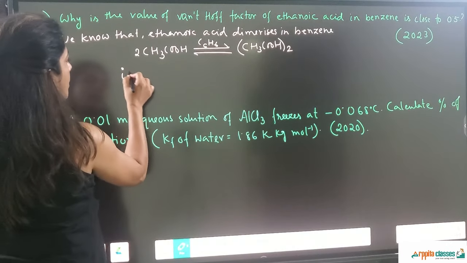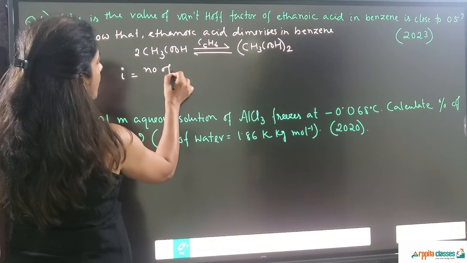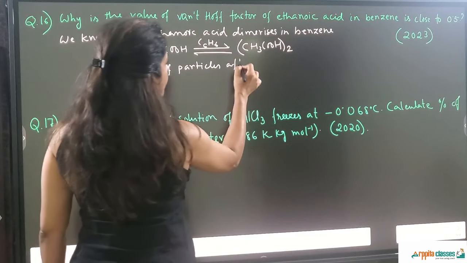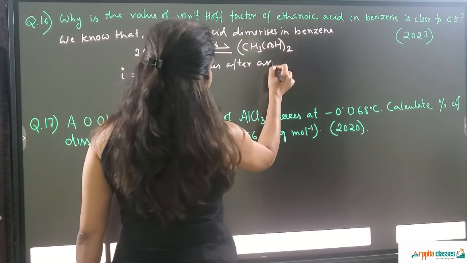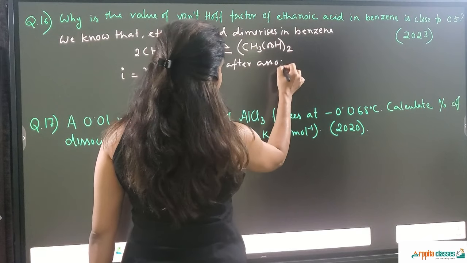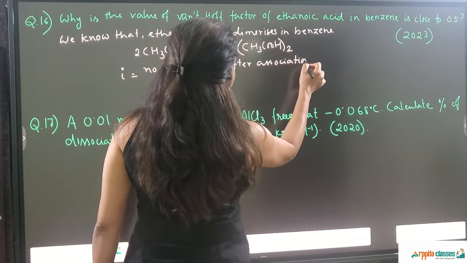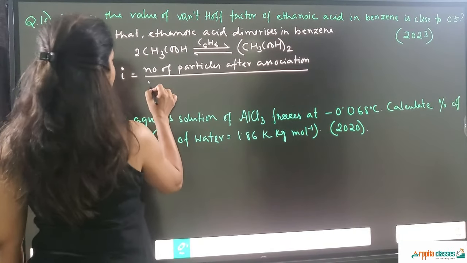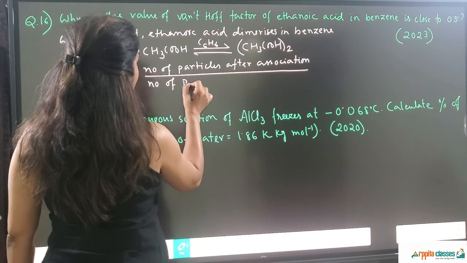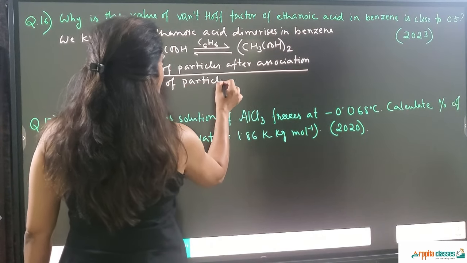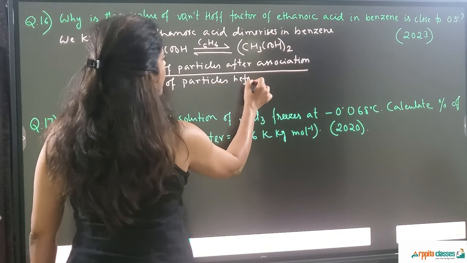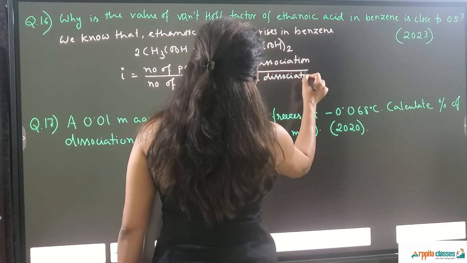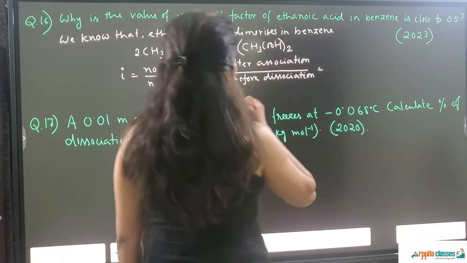Okay, so i is equal to number of particles after association or dissociation, in this case it is association, divided by number of particles before association. That is my Van 't Hoff factor, which is denoted by i.